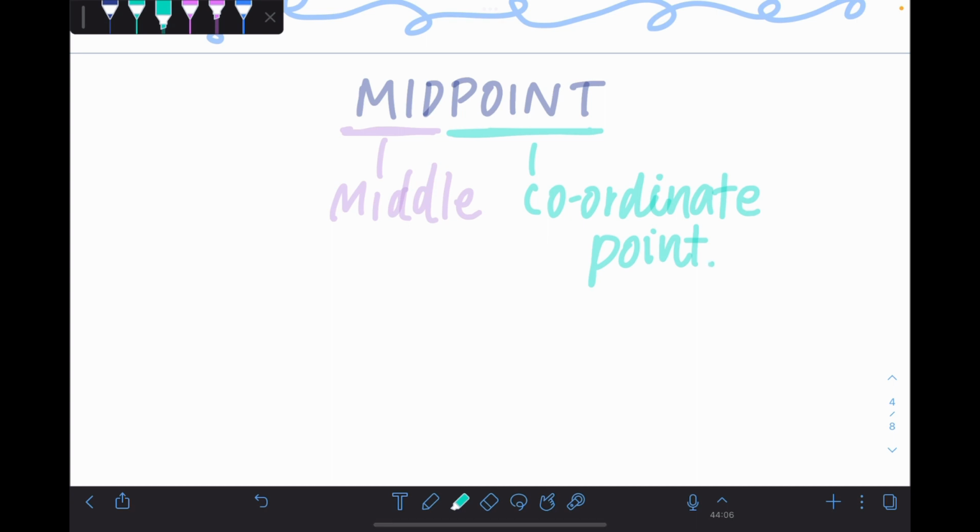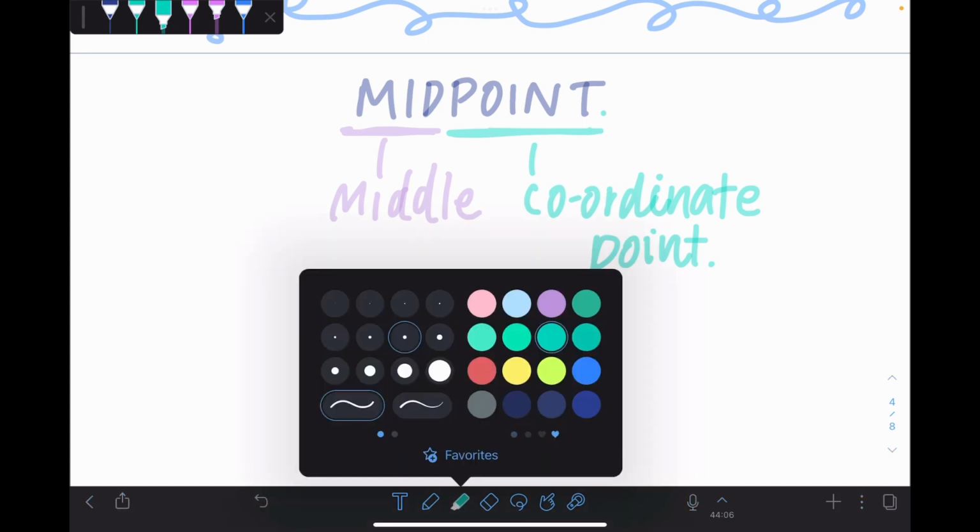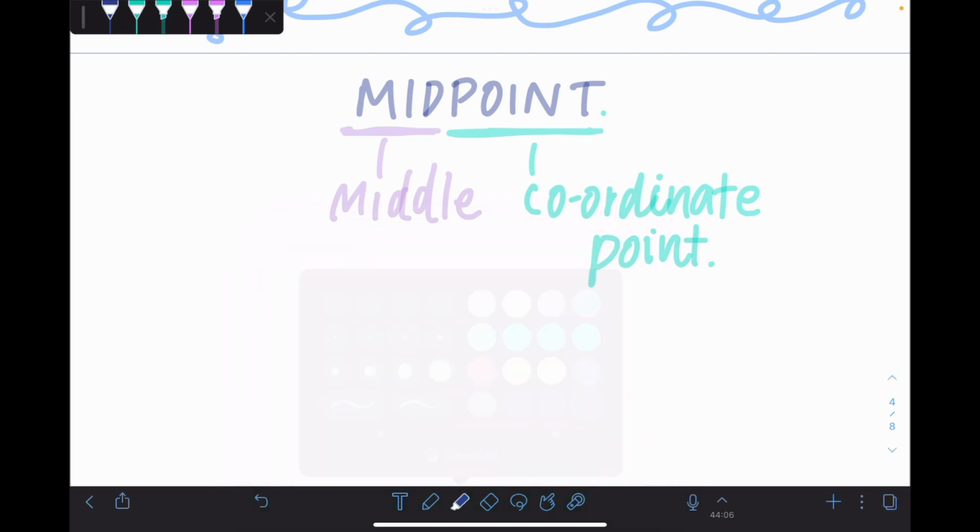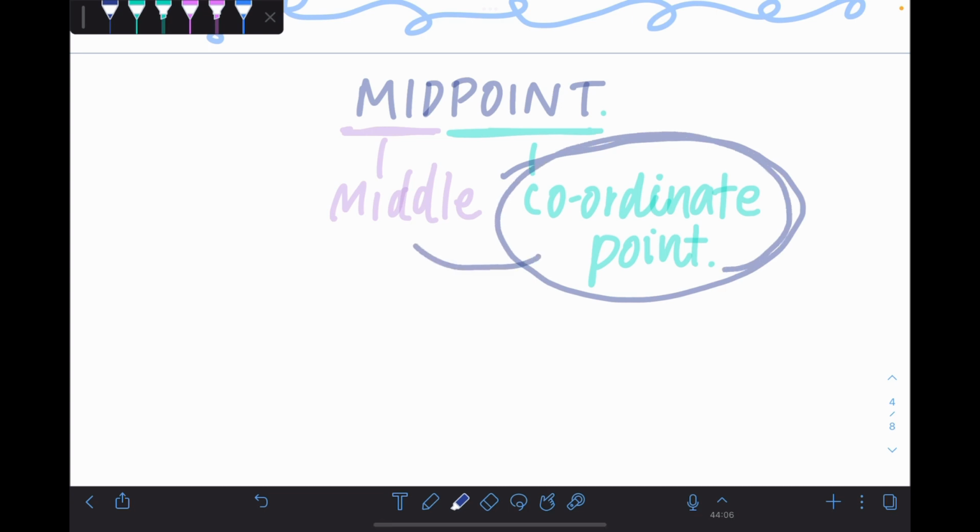It's a coordinate point, not coordinate points, plural, because it's not midpoints, plural. So just one. That's pretty interesting. Judging by the name of it, I know that my answer when I'm calculating a midpoint will show me the middle, or should I say the coordinate point in the middle.